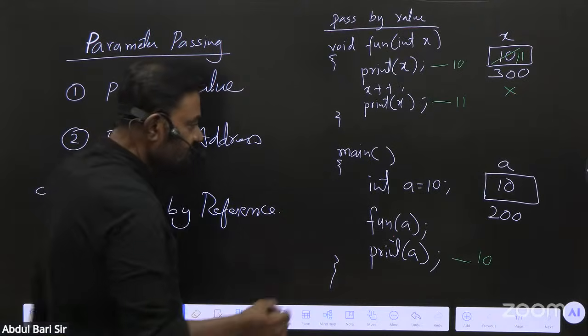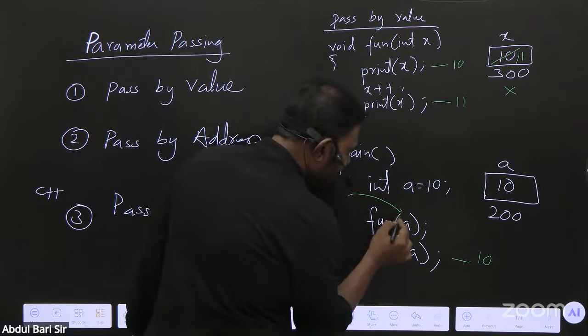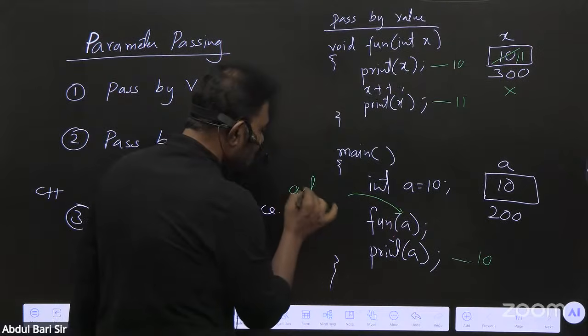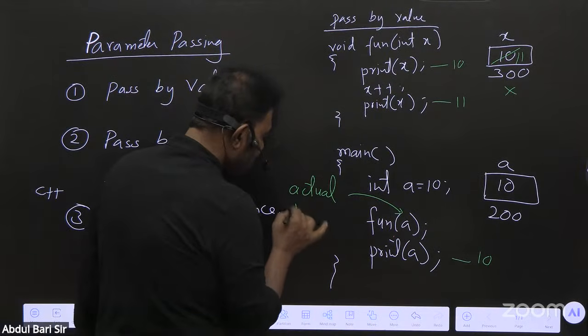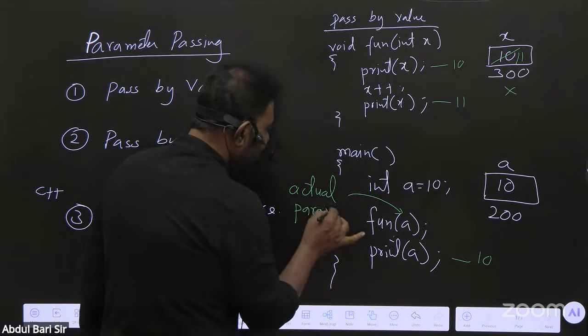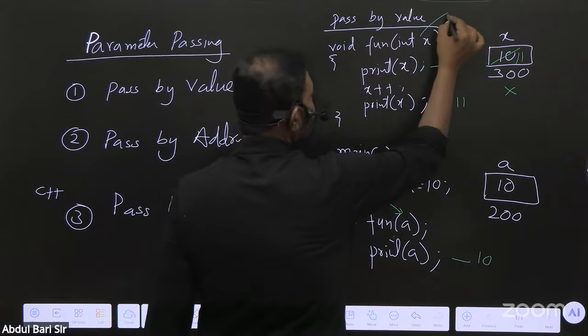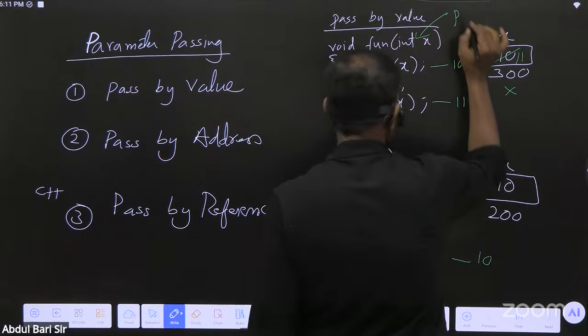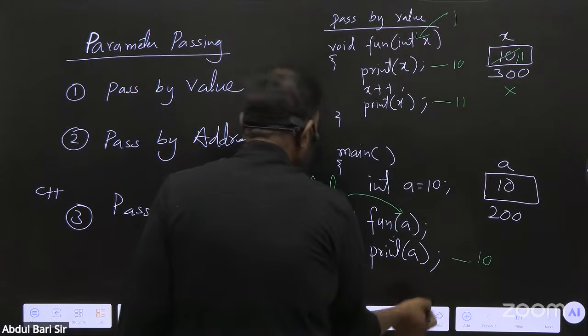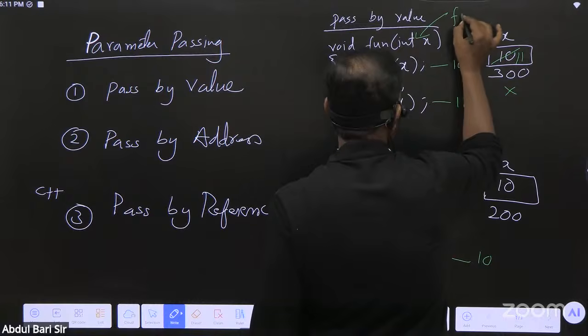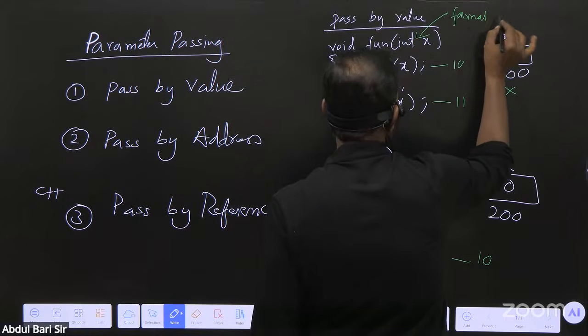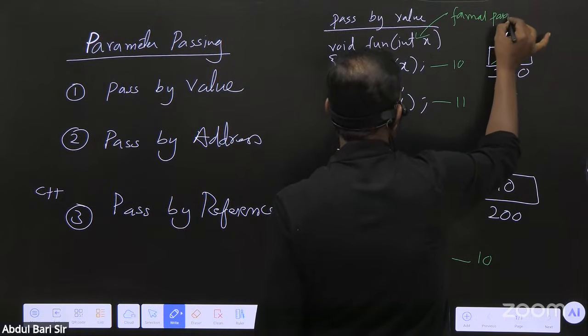When you're passing this parameter, this is called the actual parameter. And this function is taking a parameter, and this is called the formal parameter.